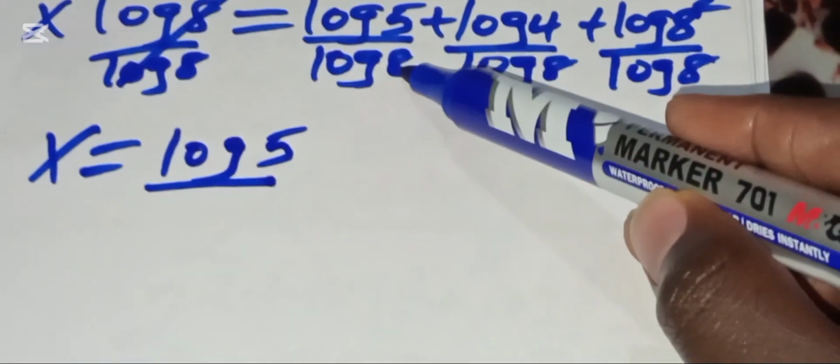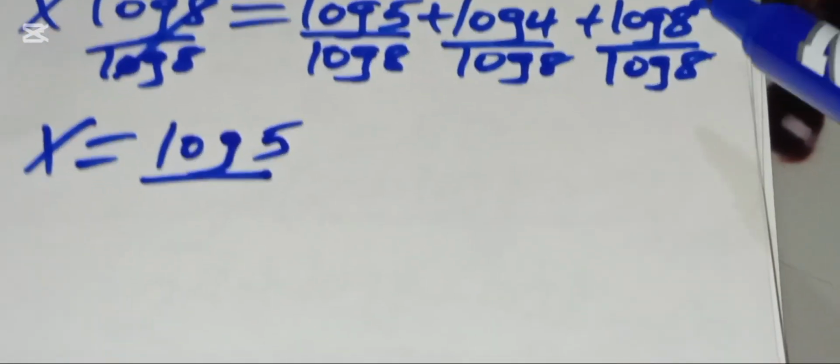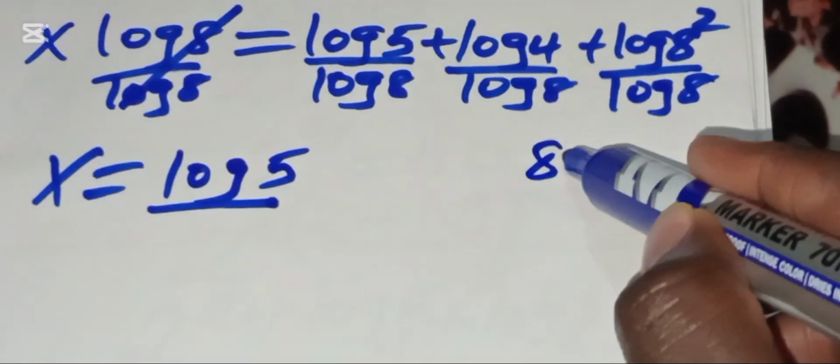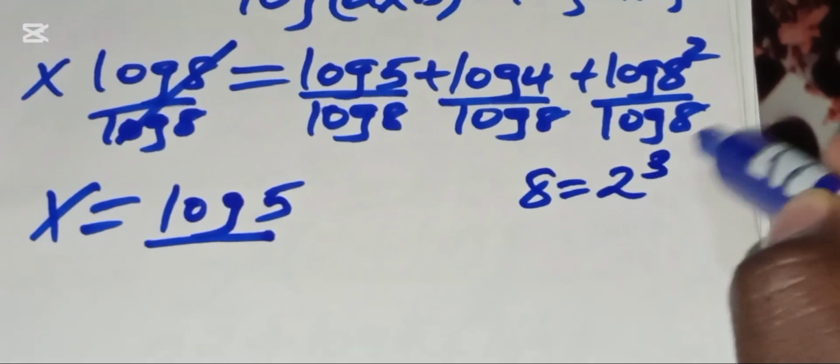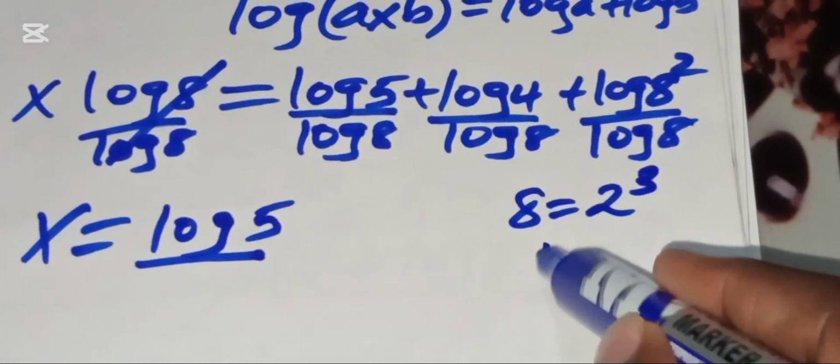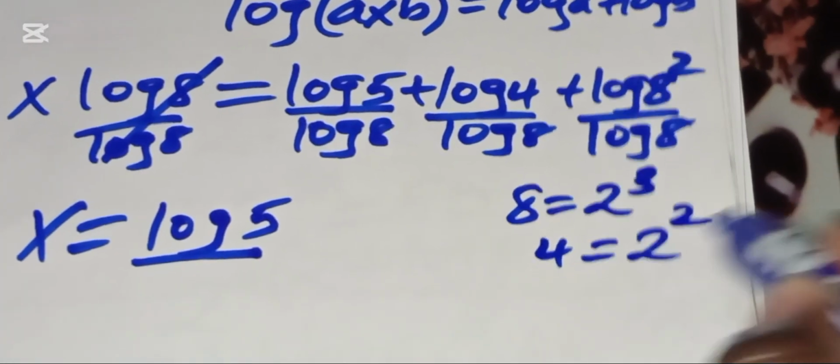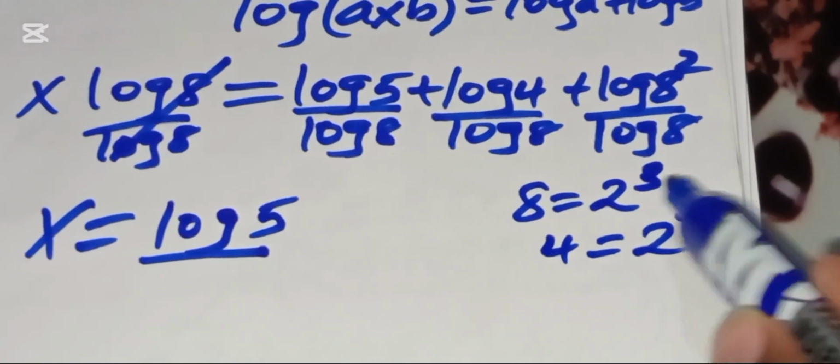We can express 8 as 2 raised to power 3, and we can express 4 as 2 squared. Let's substitute this.